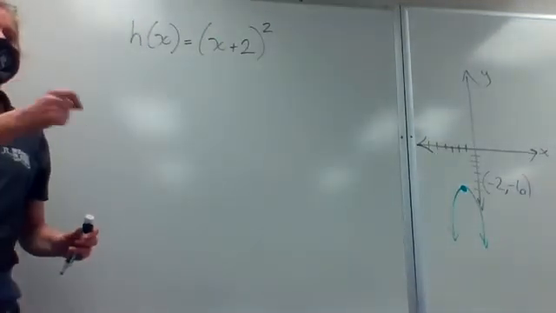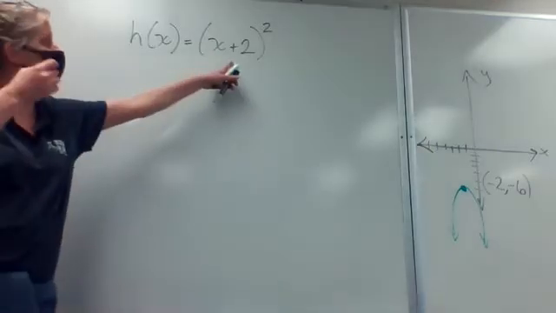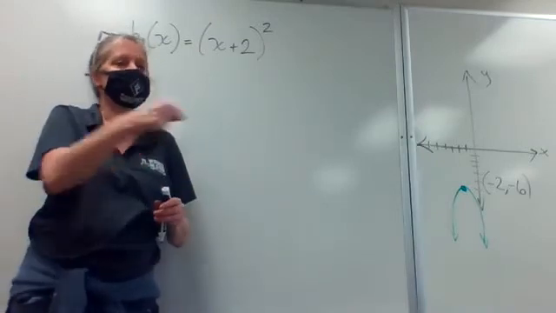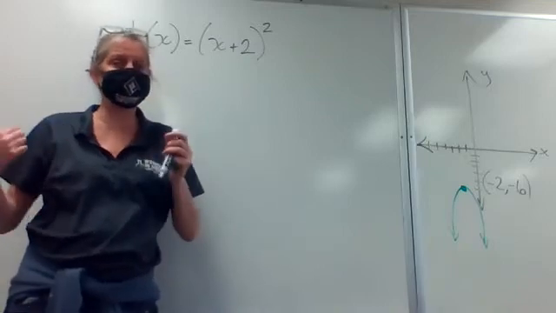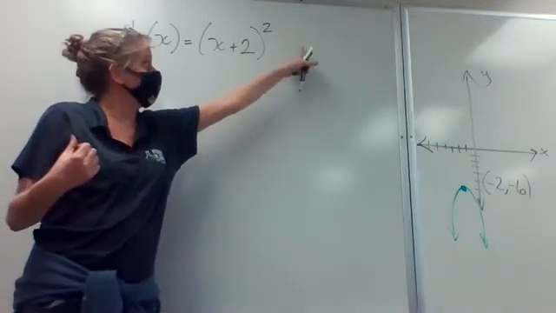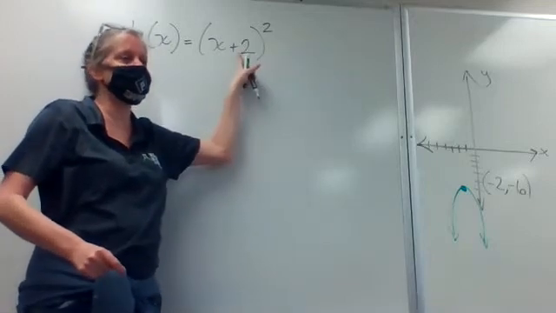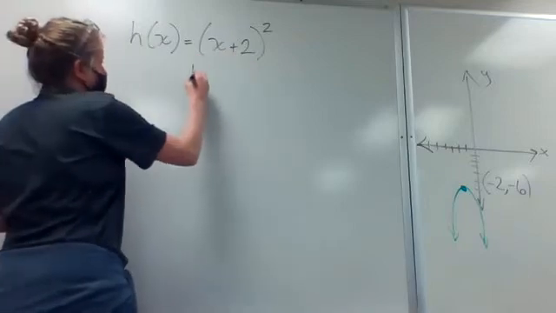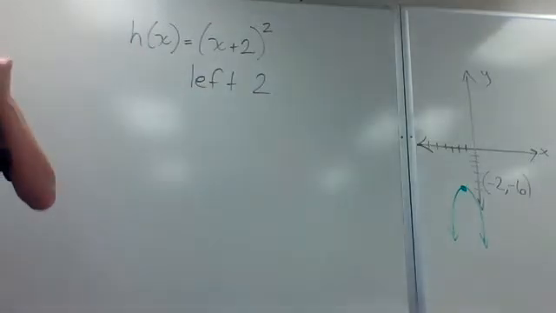So remember our transformation rules, right? You have inside numbers and sometimes you have outside numbers. The inside numbers shift you horizontally, so left or right, but you go opposite the sign. The numbers out here shift you up and down, and you go with the sign. So this is an inside shift. Where is this +2 going to shift me? To the left 2. So that one was also true.